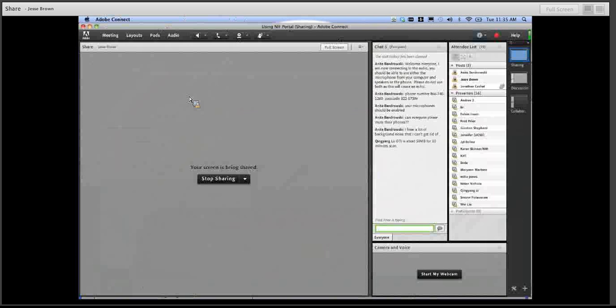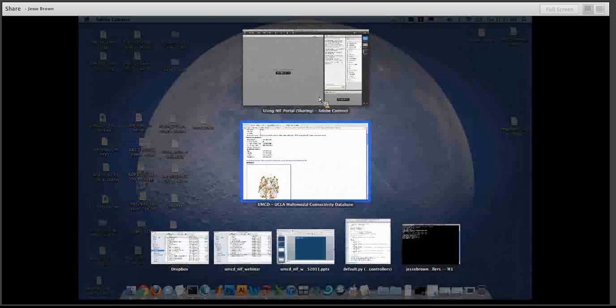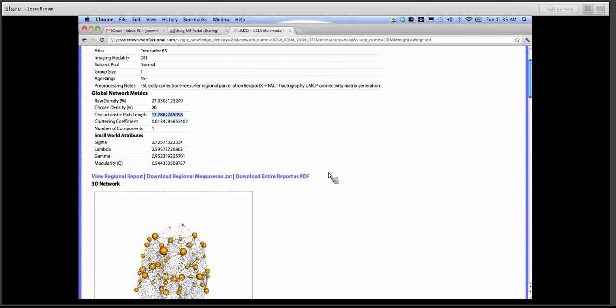I saw there's a question. Yeah, Jonathan, I just have a question. We chose 20% as the density, but what is the raw density percentage a measure of? So when I uploaded this matrix, I uploaded the raw matrix, and that's what we're trying to get people to upload, something that hasn't been pre-thresholded.